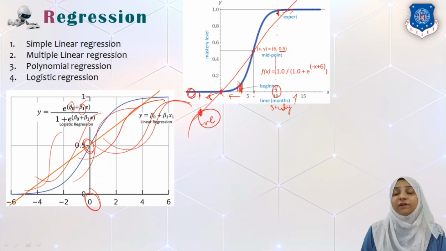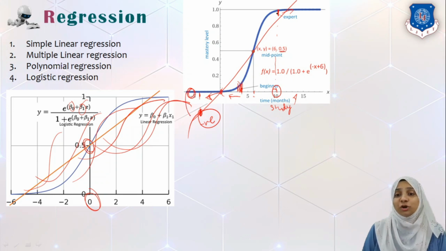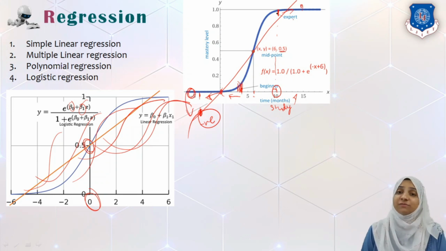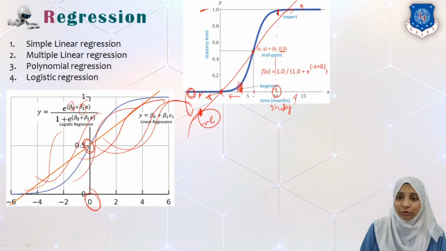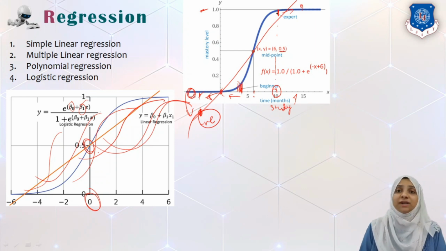So it is better to use the logistic function when we do not expect any value to go above or below some threshold. That is, putting a boundary on the output, from one value to another, where intermediate values get produced. In those cases, we can go with logistic regression instead of simple linear, multiple linear, or polynomial regression.